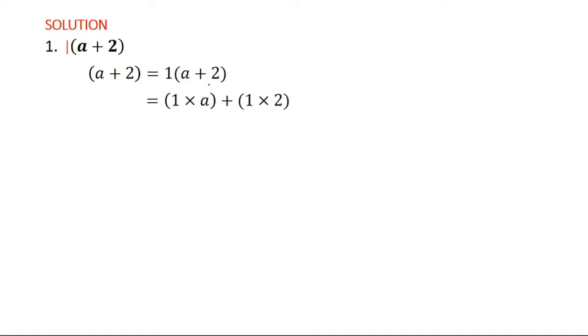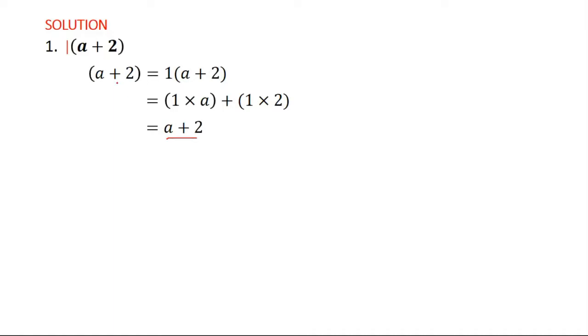So we are going to get 1 times A plus 1 times 2. So we continue. 1 times A will give us A, plus 1 times 2 will give us 2. So we've now opened the bracket. Since 1 is multiplying what is in the bracket, our final answer is going to be the same as what we had in the bracket.